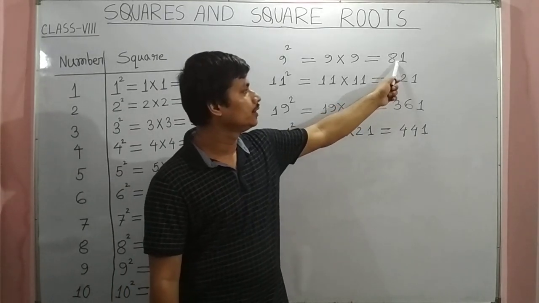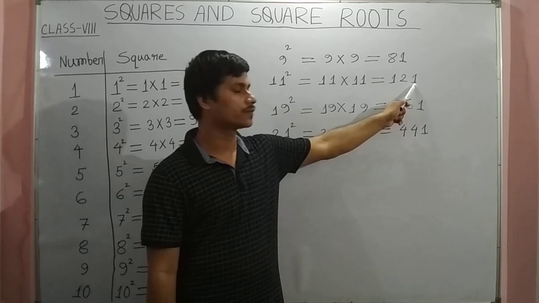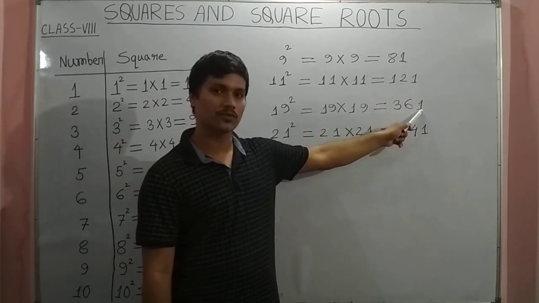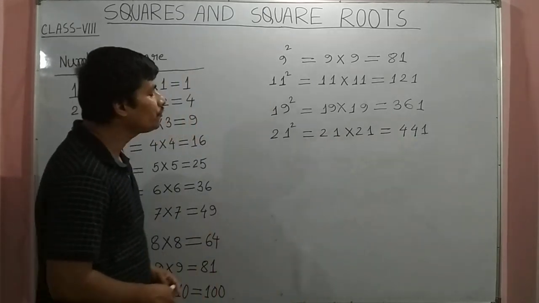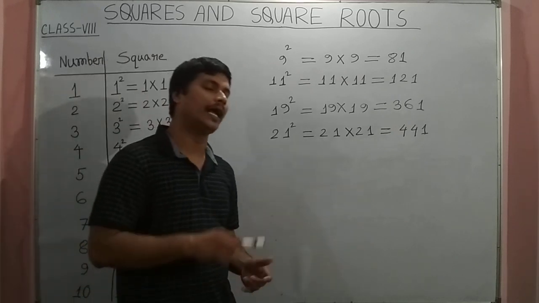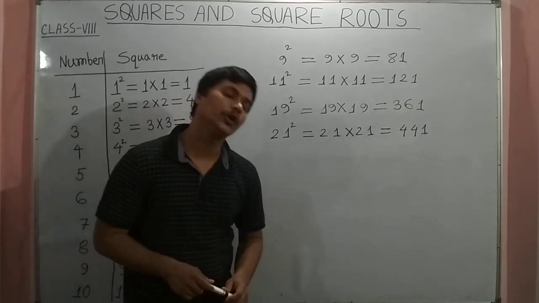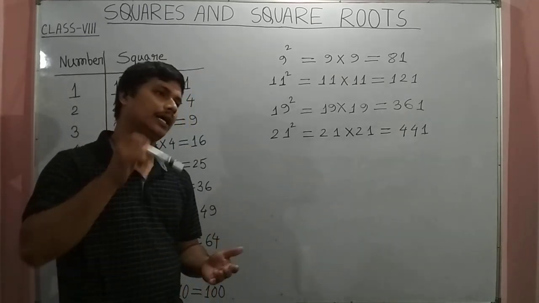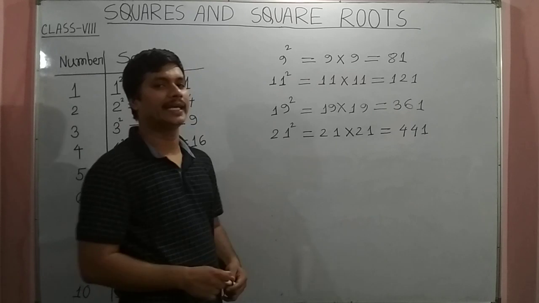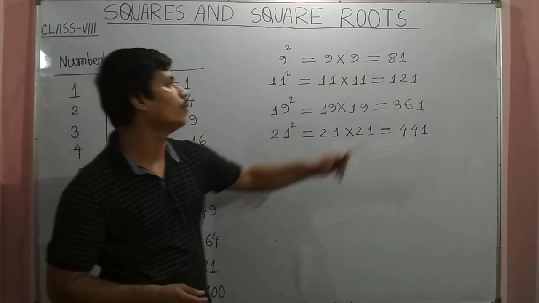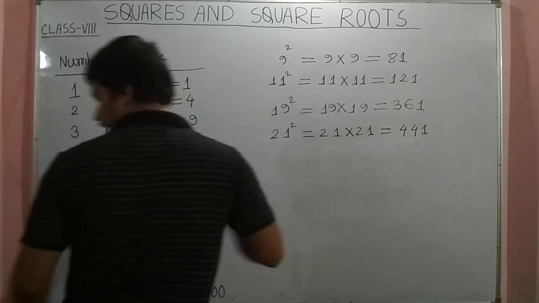Here you see the units place of these squares: 81 units place 1, 121 units place 1, 361 units place 1, 441 units place 1. So we can say if a number ends with 1 or 9 in its units place, then the square ends with 1. Okay students, very important.